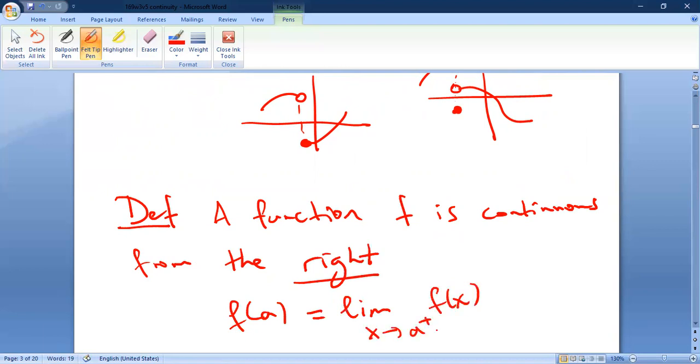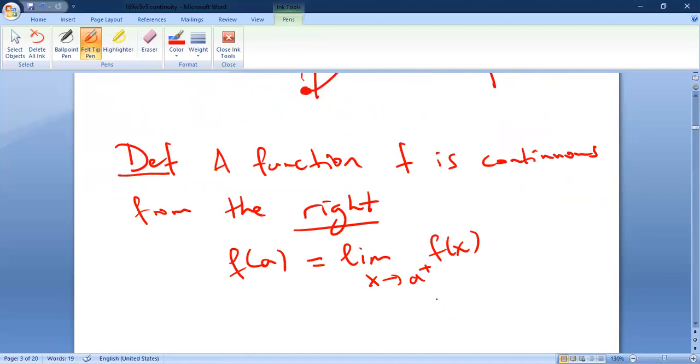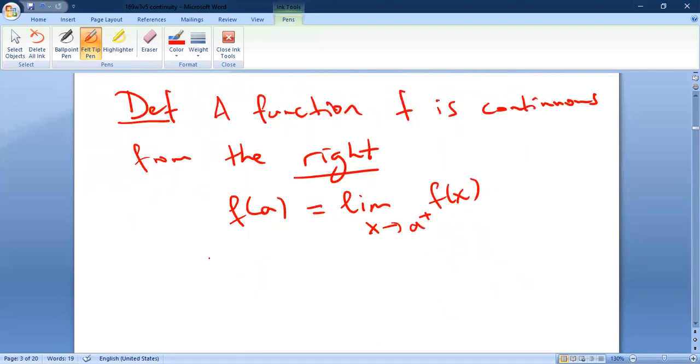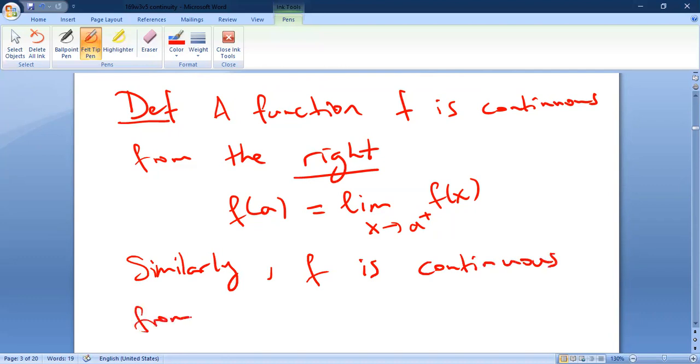So the right limit is written with an upper plus, and similarly, a function is called continuous from the left if the left limit and the definition are the same.